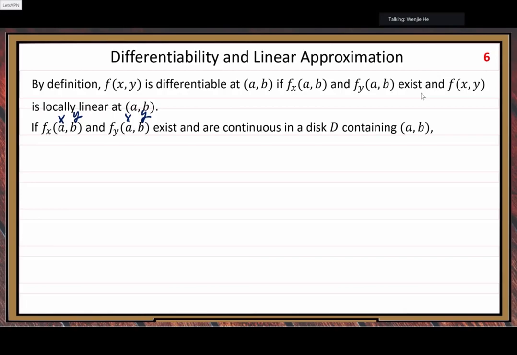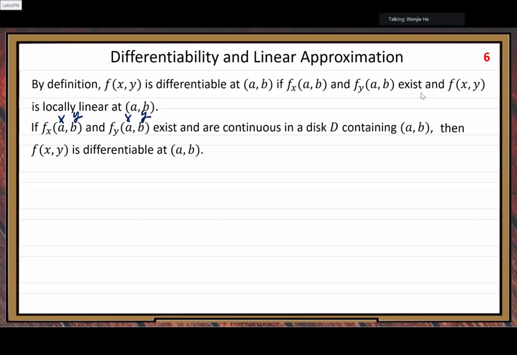And then f of x, y is differentiable at (a, b). So the condition that the partial derivatives are continuous in that disk is enough to guarantee that f of x, y is differentiable at (a, b), and then you have local linearity.